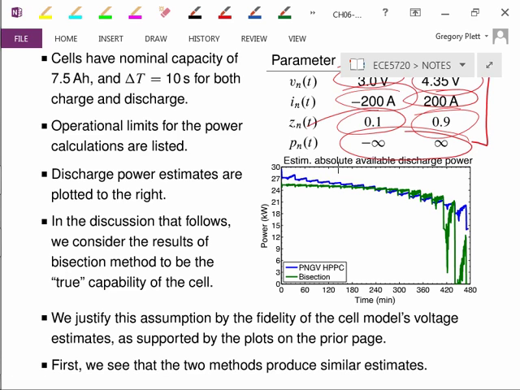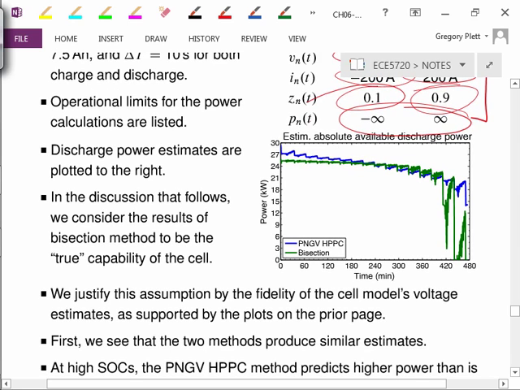And the HPPC uses a much simpler cell model, so its predictions are not likely to be as good. So while we don't know exactly what the true power capabilities are, the assumption that the bisection method is giving at least very, very close predictions of that, I think, is justified.